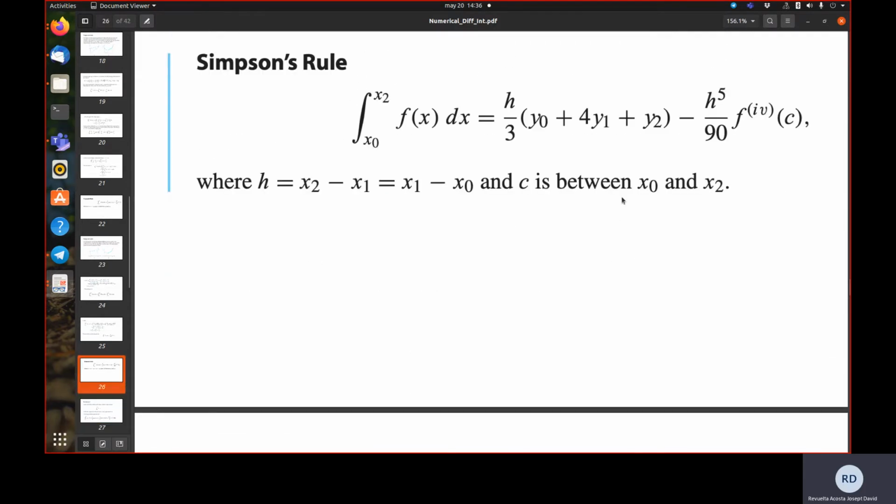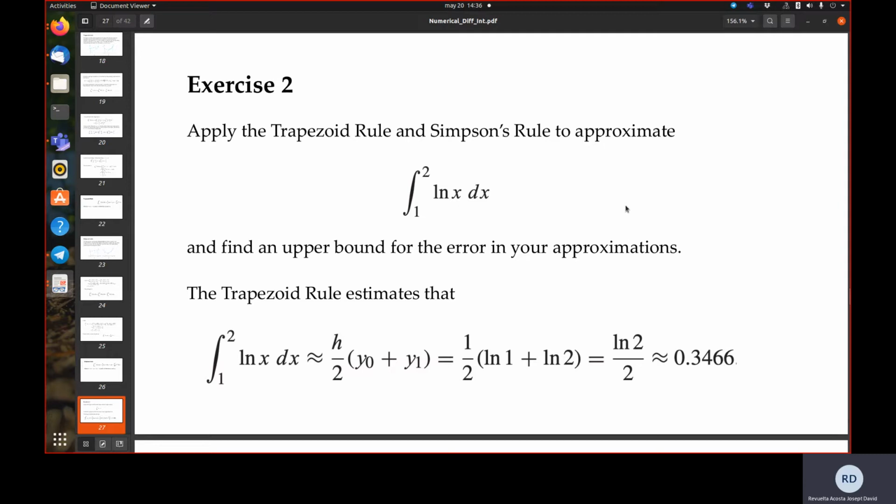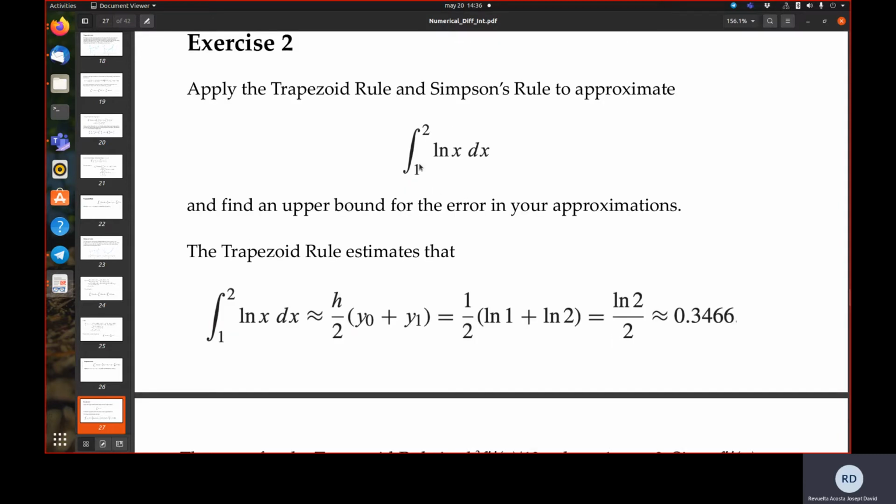continuous derivative. So let's go to an exercise, not simple, but very illustrative. We need to apply the Trapezoidal Rule and Simpson's rule to approximate this expression. If you see here, it is the integral of the natural log of x dx. Of course, it's asking us to find an upper bound for the error in our approximation.